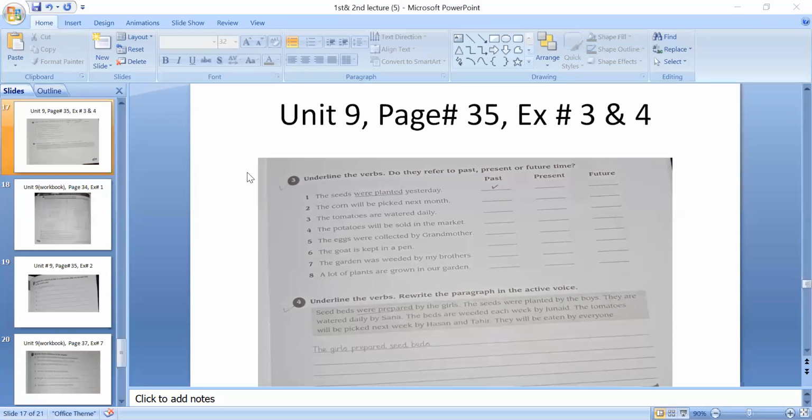Were collected is a past verb. You will mark a tick in the first column. The rest of the students will also mark a tick in the first column, because were is a past verb. Okay, now I will be asking Manahid.